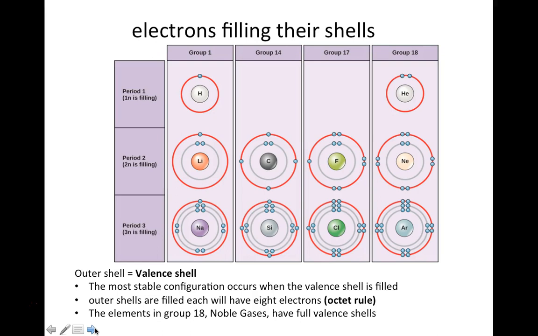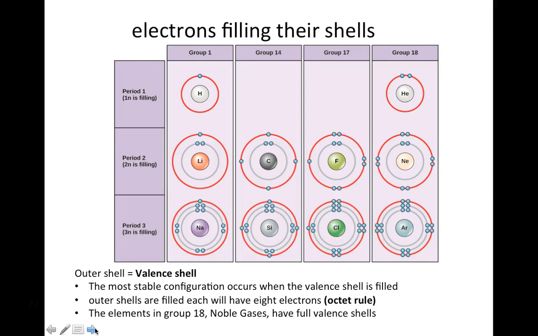The 3n will also have 8. Whenever you see that we have atoms of elements with completely filled electron shells, or valence shells, if they're containing for 1n 2 electrons, or for 2n and 3n 8 electrons, those are going to be very stable atoms of elements and not very interactive.